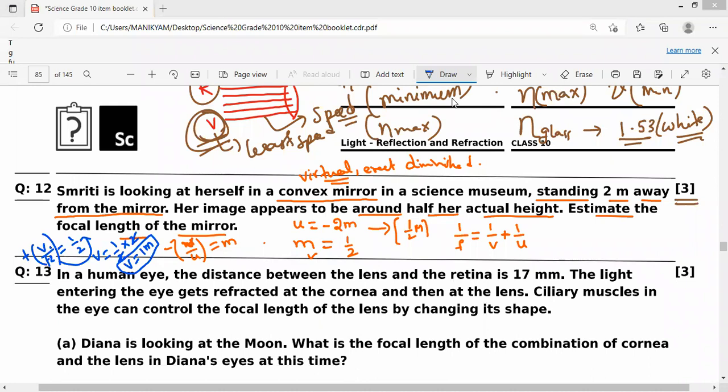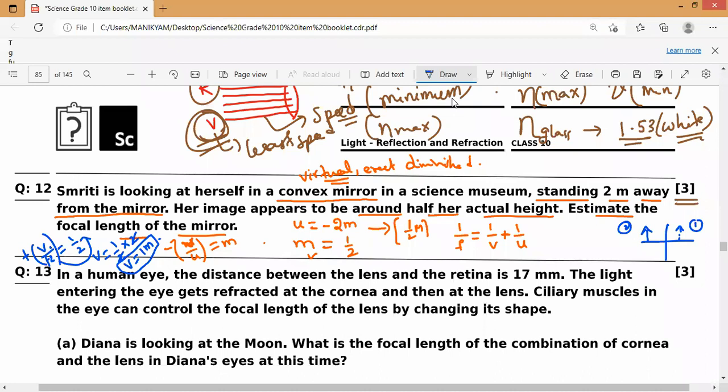Will v come positive or negative? For a convex mirror, positive. The object is at this coordinate, and the image will form at the first coordinate. So image distance is always positive. How much did you get? 1 meter. For this, you will be awarded another half mark.